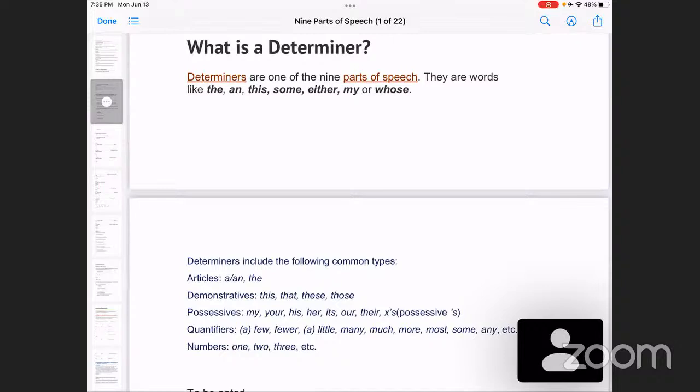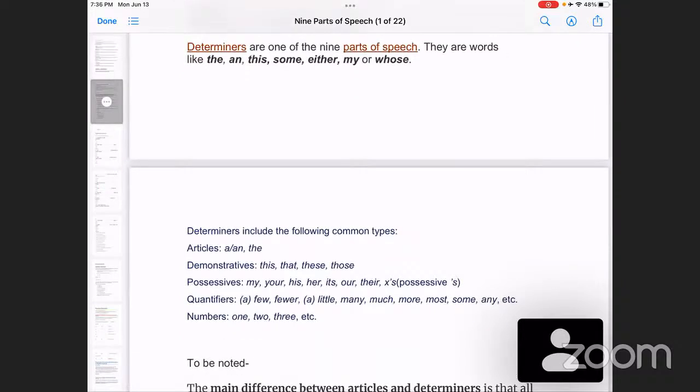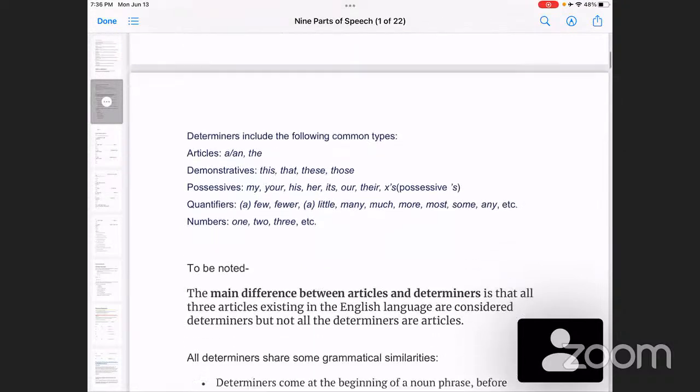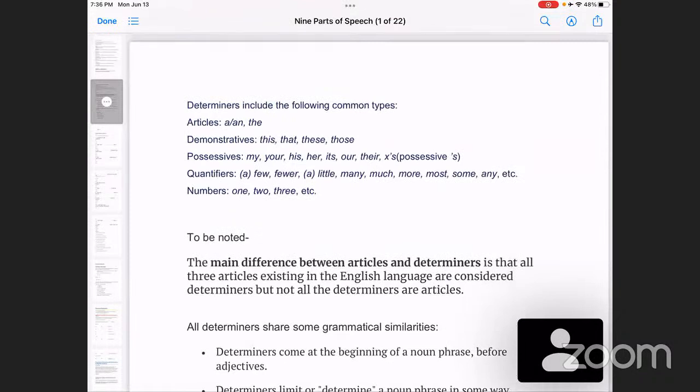Possessives: my, your, his, her, its, our, their, etc. Quantifiers: few, fewer, little, many, much, more, most, some, any, etc. Numbers: 1, 2, 3, etc. To be noted, the main difference between articles and determiners is that all 3 articles existing in the English language are considered determiners, but not all the determiners are articles.